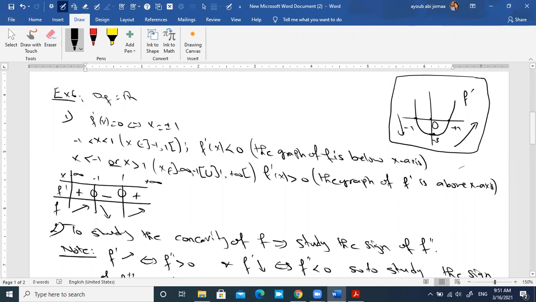Then the derivative of f prime, which is f double prime, is 0 at x equals 0.